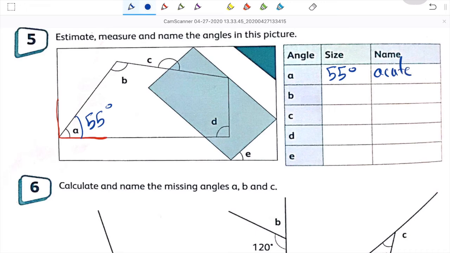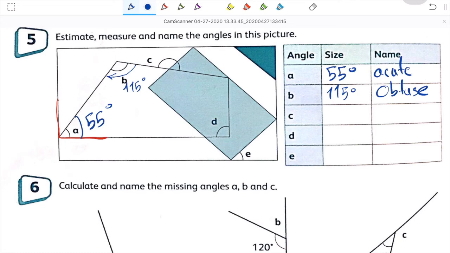Okay, about angle B, we will set our protractor and measure this angle, which is going to make 115 degrees. So angle B is 115 degrees, so it'll be an obtuse angle.